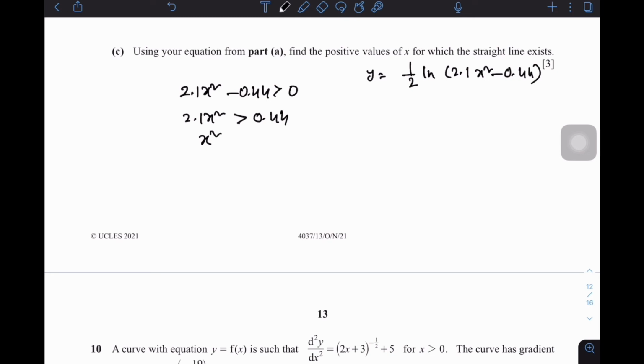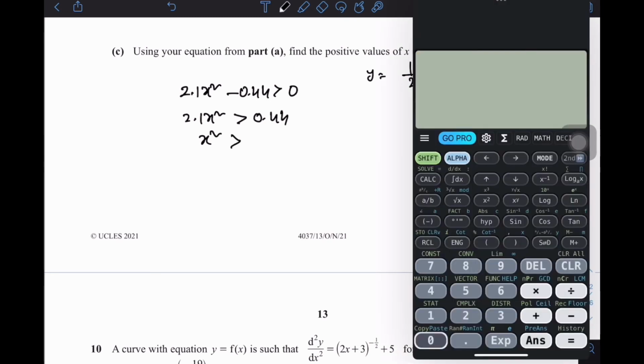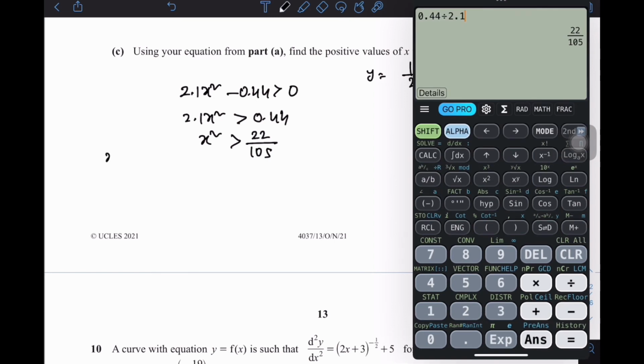So x square greater than 0.44 divided by 2.1. We can write 22 by 105. The critical values of x are plus or minus root over 22 by 105.